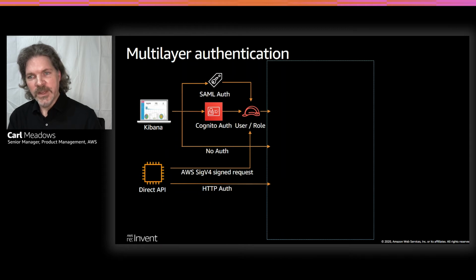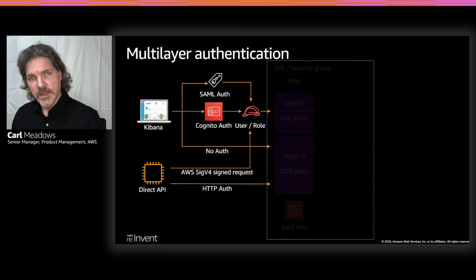The Kibana interface is going to authenticate either through SAML Auth, like we talked about and are going to demo, or using Cognito Auth, which is another AWS service. That identifies the users and the backend roles associated with that user. Or you can use IAM directly to authenticate as well, or a username and password.